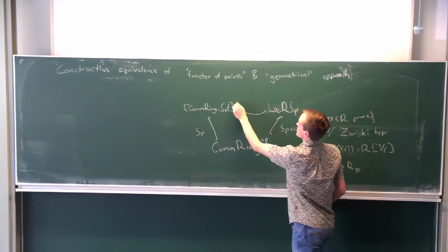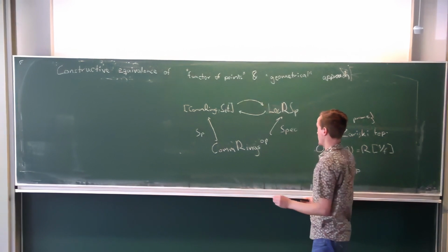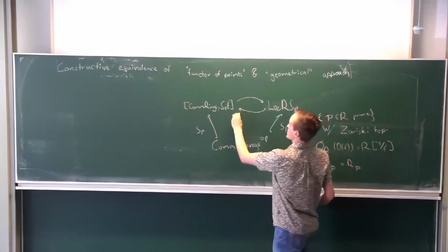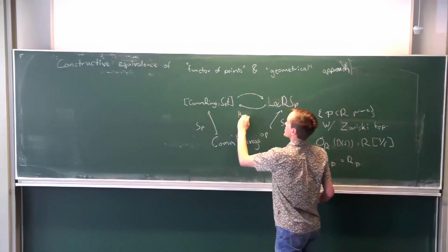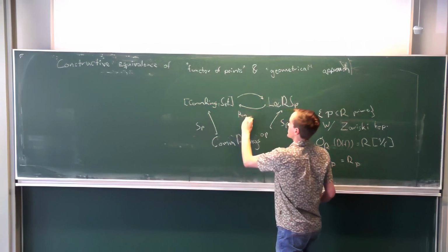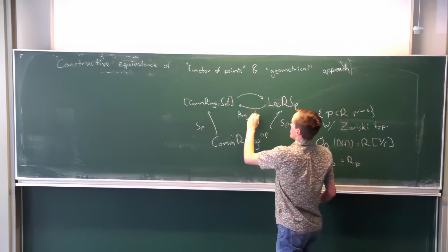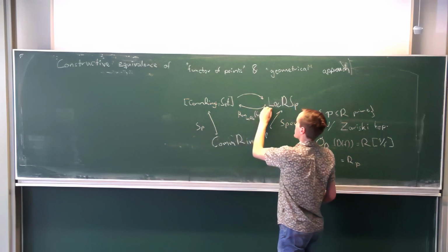You have an adjunction here, and this one is the easy one. That's just morphisms of locally ringed spaces.